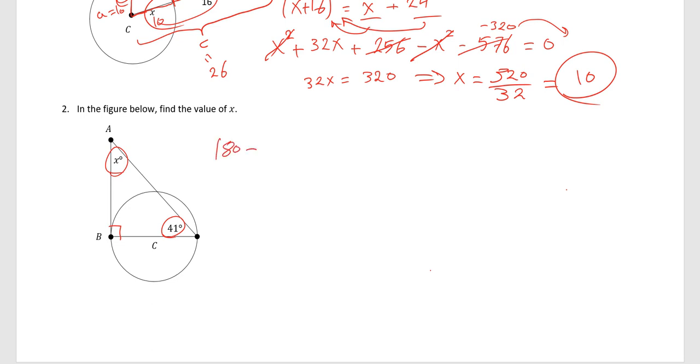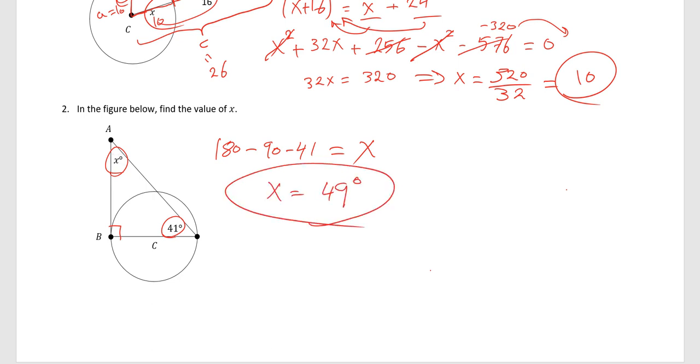So 180 minus 90 minus 41 is equal to x, because it's whatever is remaining out of the triangle internal angles after you subtract the angles from 180. So 180 minus 90 is 90, minus 41, so x is equal to 49 degrees. Okay, and this is it for this concept.